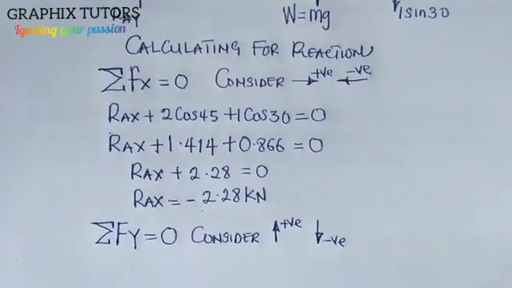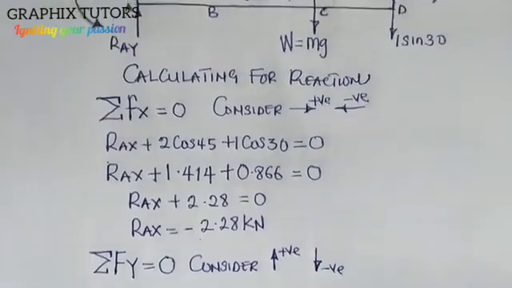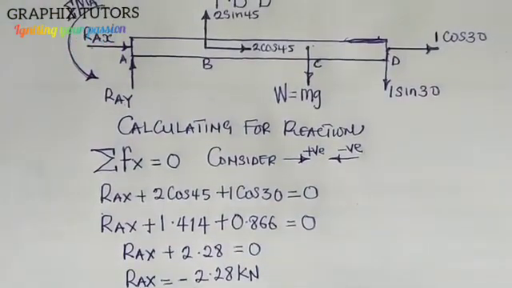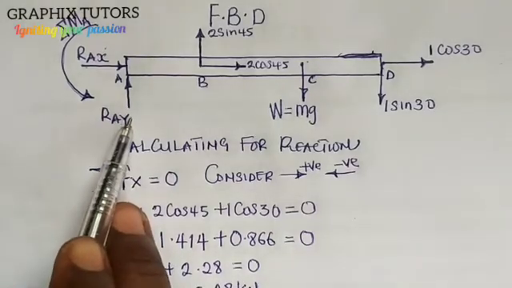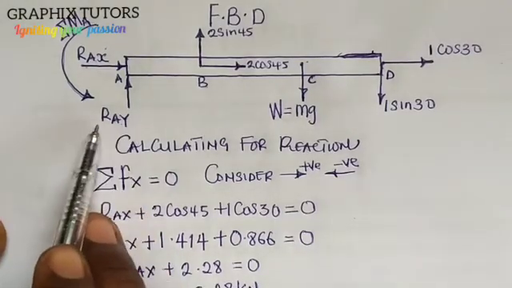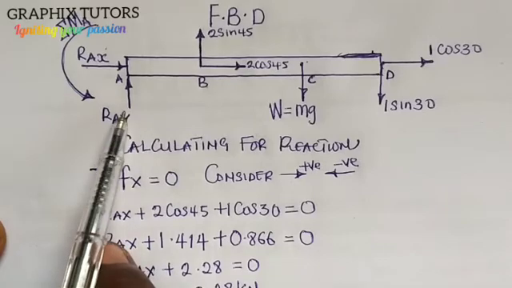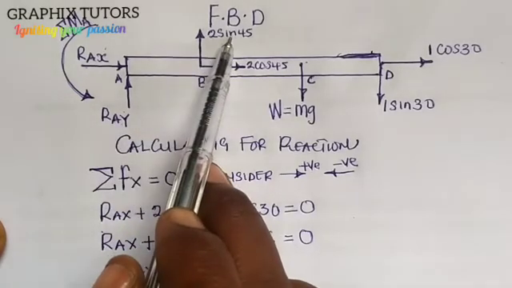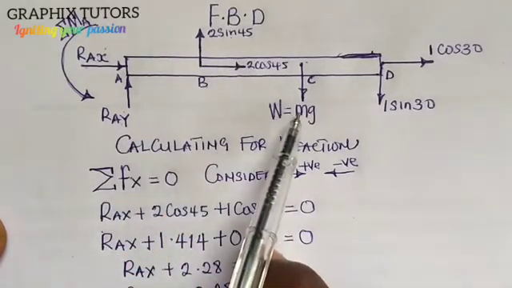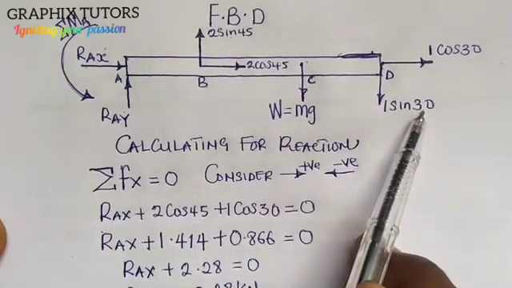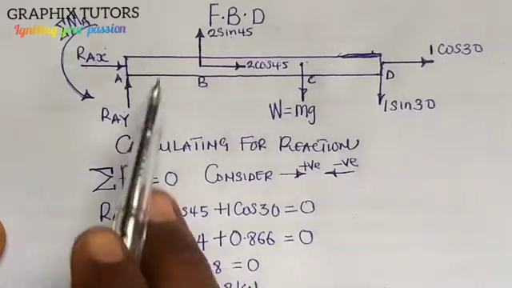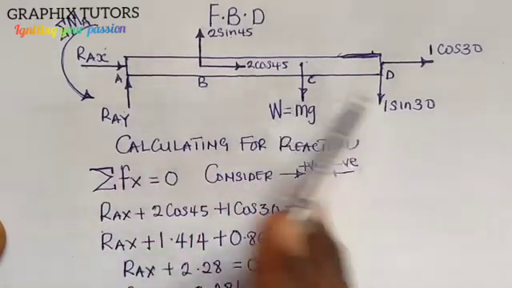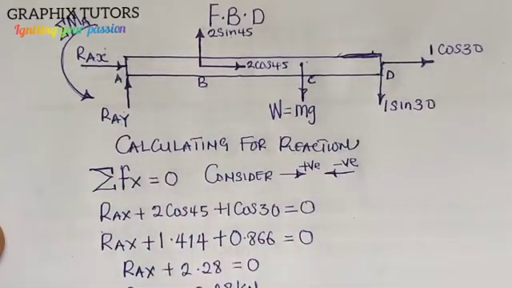Right? So from what we have here, we have 4 vertical forces, which is RAY, 2 sine 45, the weight, then 1 sine 30, right? And we have 2 upward forces with 2 downward forces. So let's see how that goes.